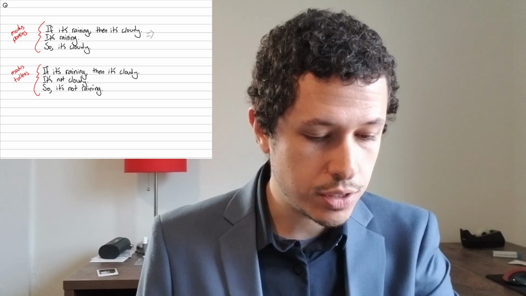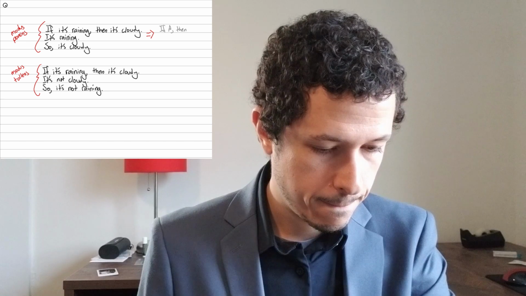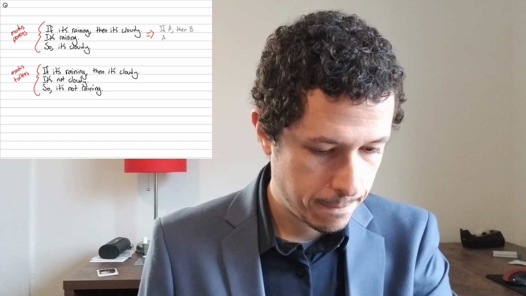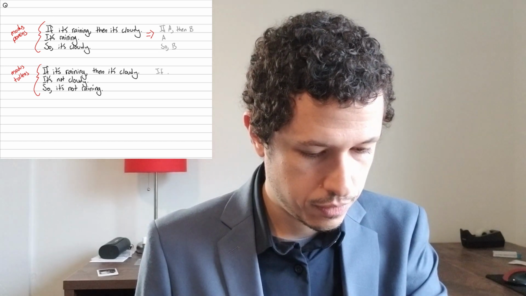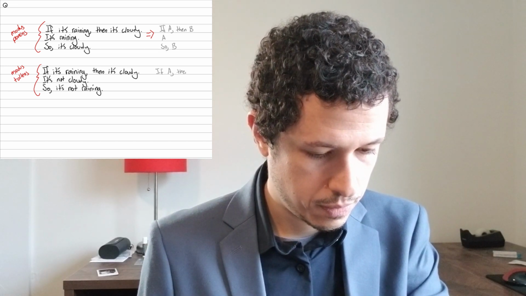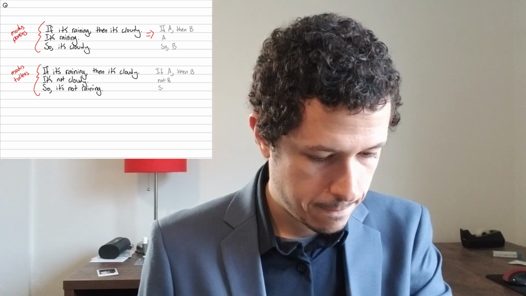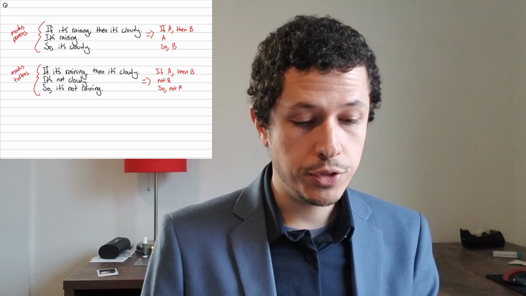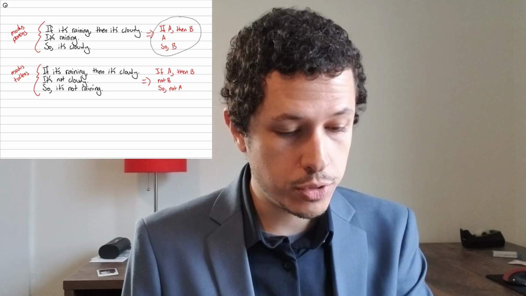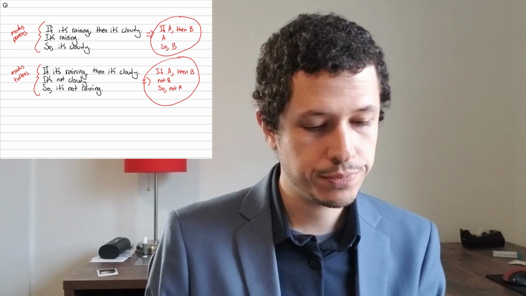So here is the actual form. So these are the forms of these arguments, right? And this form is the one that's called modus ponens, and this form is the one that's called modus tollens.